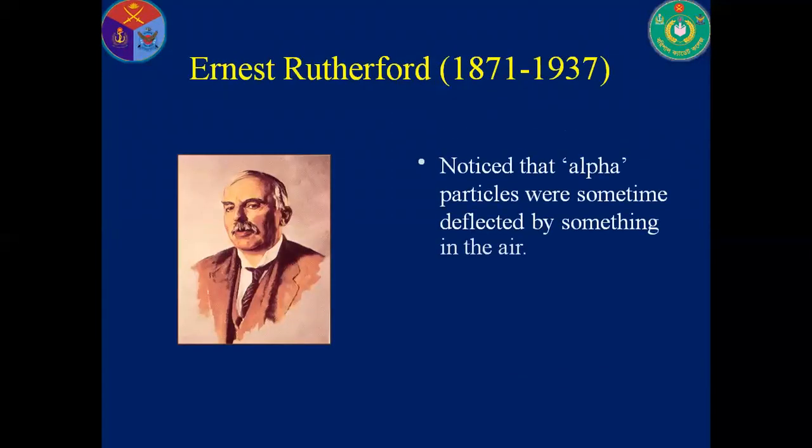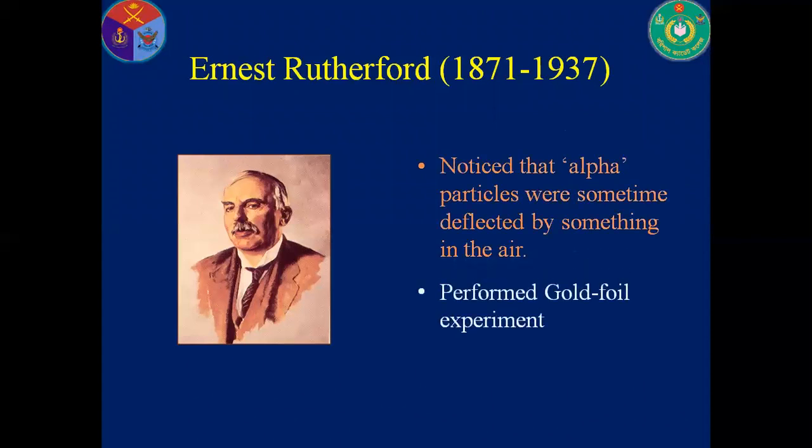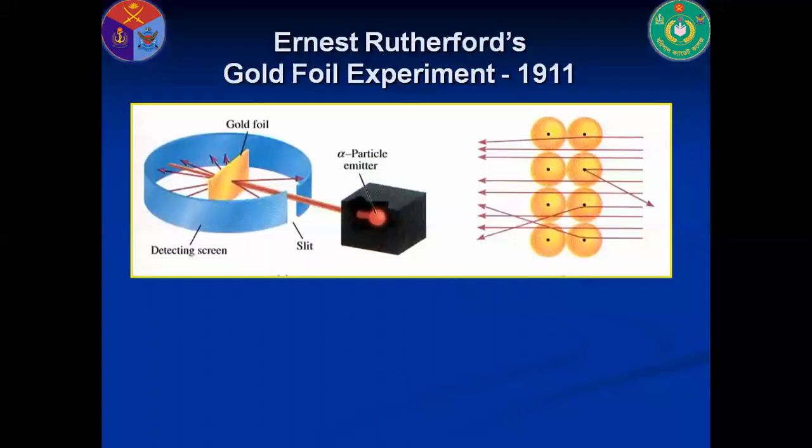At first, the model of an atom was developed by Ernest Rutherford by considering the alpha particle experiment with gold foil. Here is the apparatus for the alpha particle experiment.